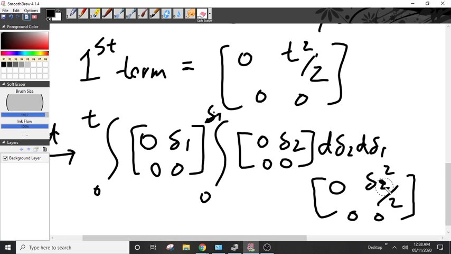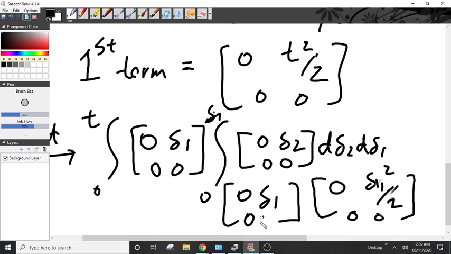So this sigma 2 will be replaced with sigma 1 after putting limits, so we'll have sigma 1 squared by 2. So I'll have this matrix multiplied with 0 sigma 1 0 0, and then integrated over.